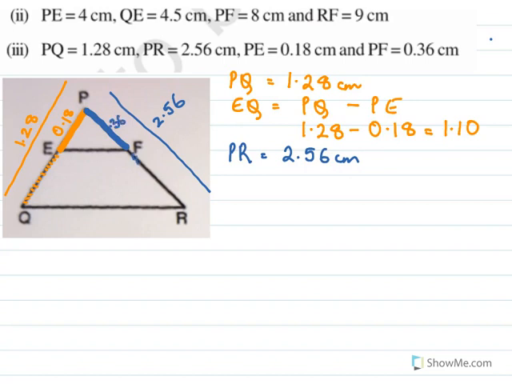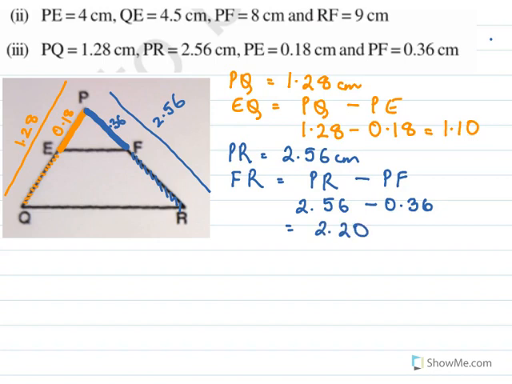So we need now to find out FR, and FR will be equal to PR minus PF, that is 2.56 minus 0.36, which is equal to 2.20.